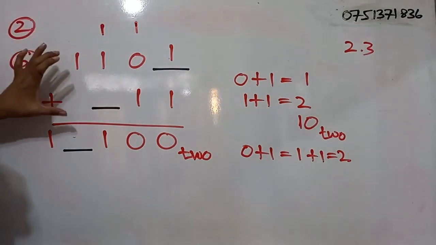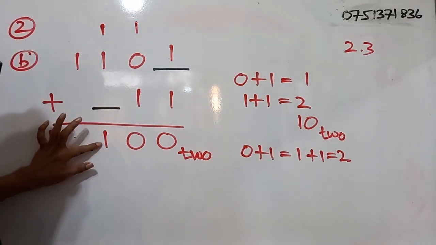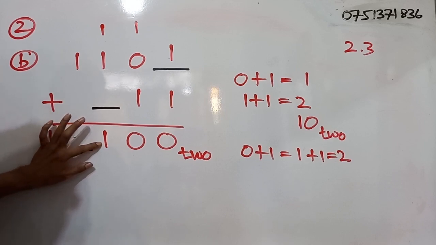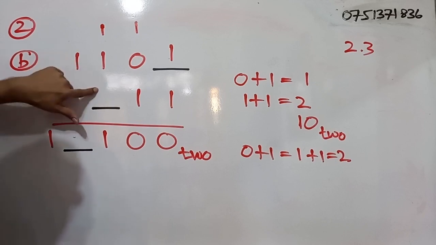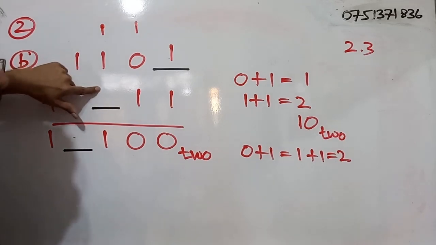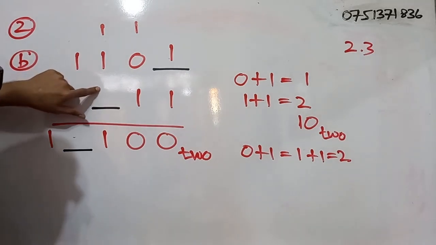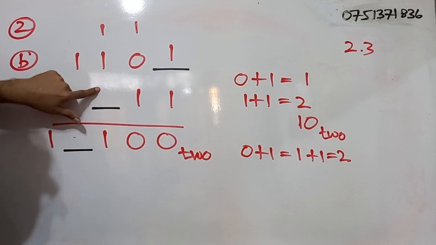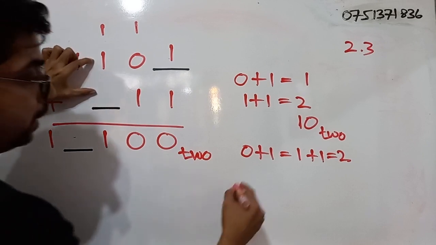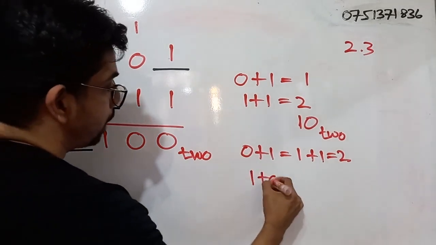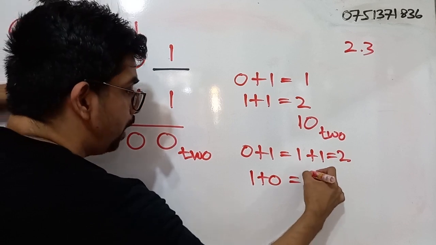Right? Now, here what do we have? We have the outcome as 1. Okay? That means definitely this number or the digit should be 1. Why? If we put 0 here, what happens? When we add these two digits, 1 plus 0, then it will be 1.